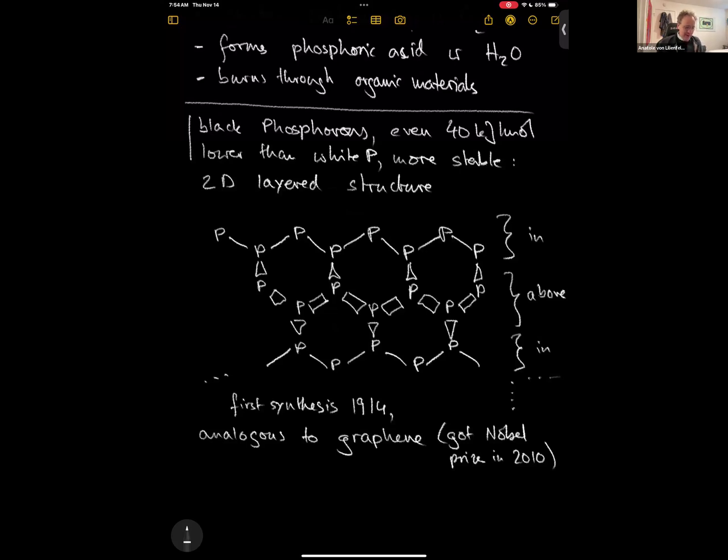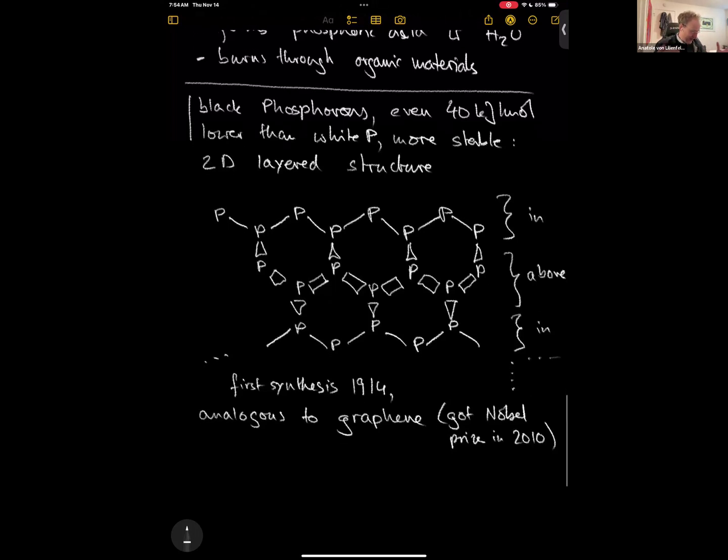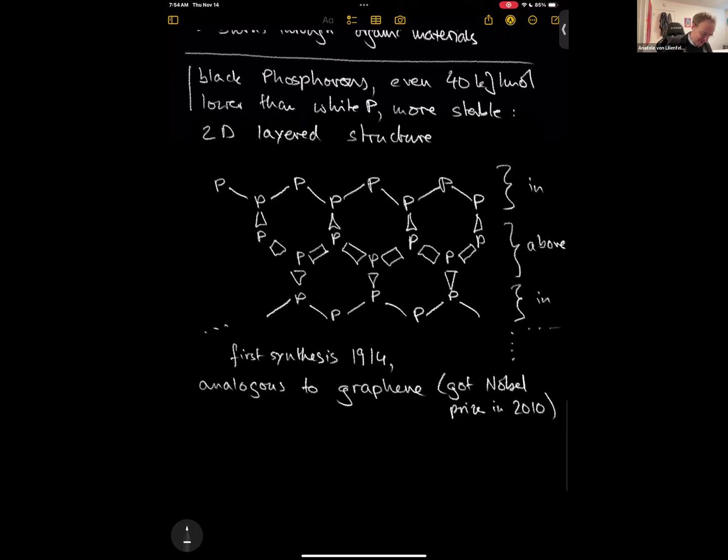Now you cannot stay in the plane in all directions because of this hybridization in the elements with these single bonds, but this can be overcome if you can make use of double bonds, right?